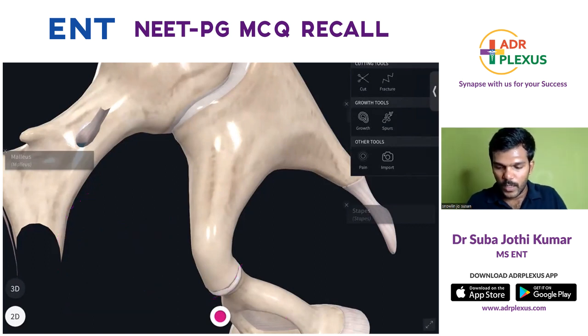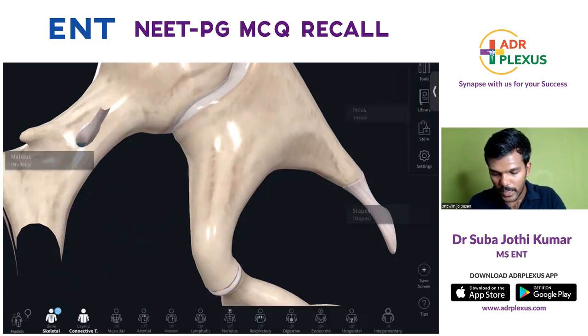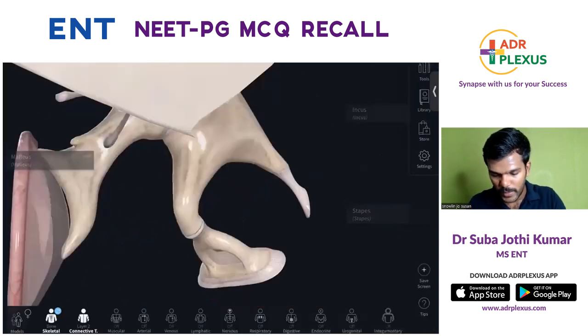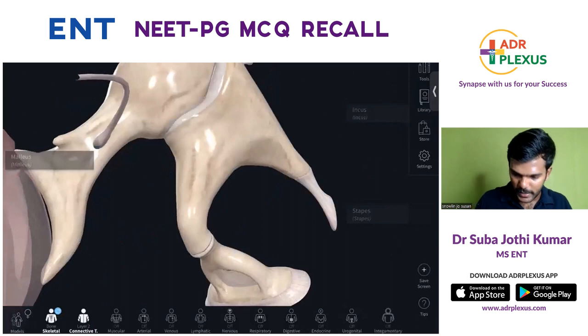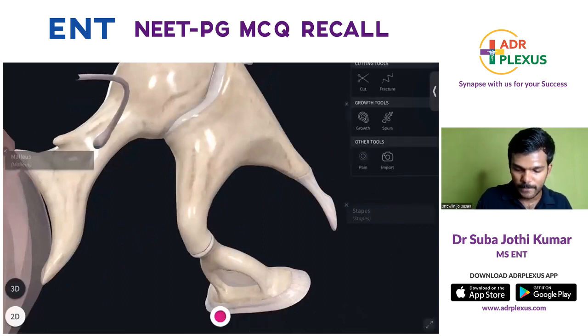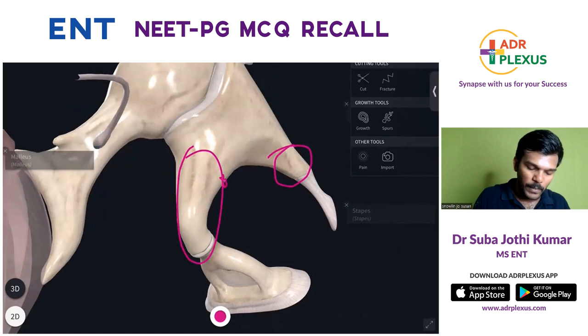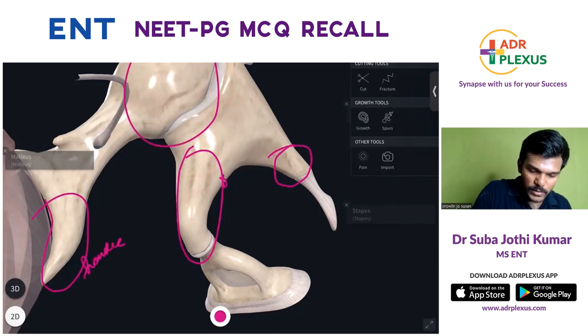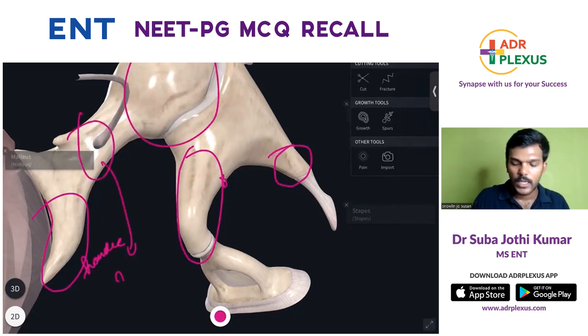So now if they ask you any important structure again from the middle ear, you should be able to answer. First, incus: short process, long process, and here there will be the lenticular process. Malleus: handle of malleus, head of malleus, neck of malleus. So identification wise, this should be very clear in your mind.